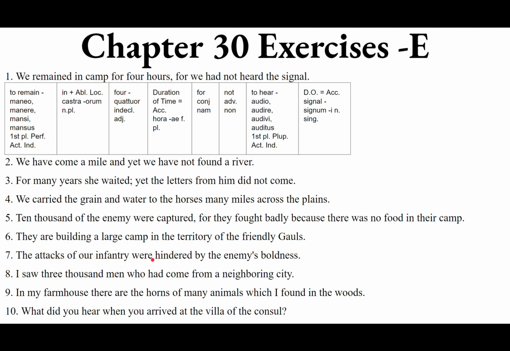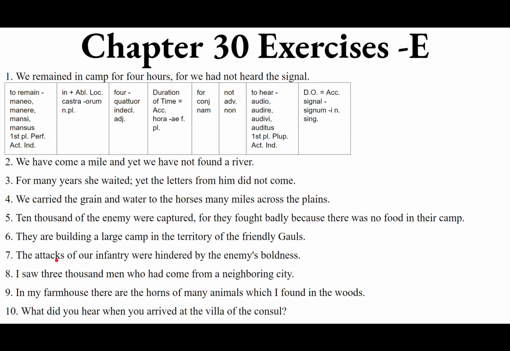So, impedio, impedire, impedivi, impeditus. Third person plural, because the attacks were hindered. It's got to be masculine, because impetus is masculine and plural. So, impediti. And then we want the helping verb to be the present tense of sum, esse, fui, futurus in the third person plural, sunt. So, impediti sunt.